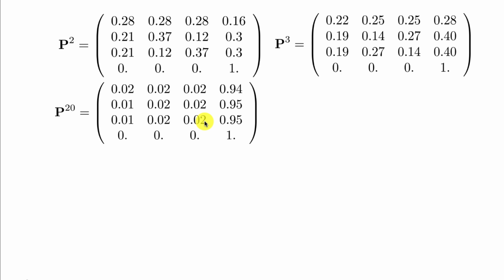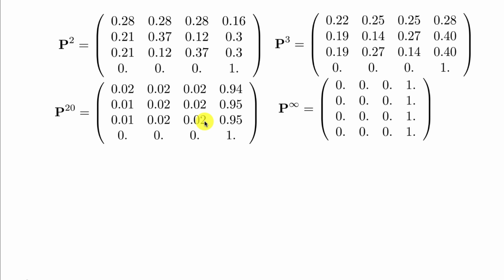And if you go to P40, P50, P100, and then P infinity, this matrix converges finally to the following, with zeros everywhere except in this column over here.